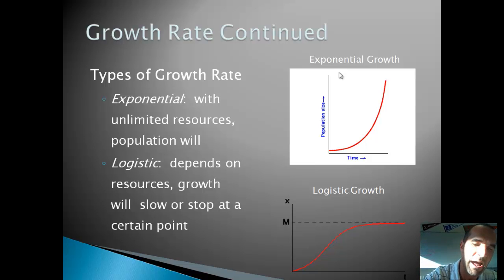What eventually happens in all populations is that they hit a limit, and that's when you can move down to logistic growth. So it's starting off exponentially growing. As the resources get depleted, it starts to slow down and eventually it kind of levels out. When it levels out, that doesn't mean that all the food source is gone. That just means that it's at a balance between the amount of organisms that are eating and the amount of food source that's being produced.